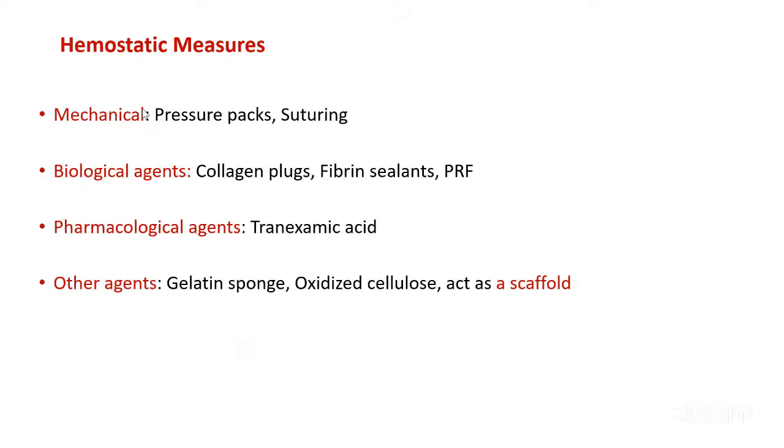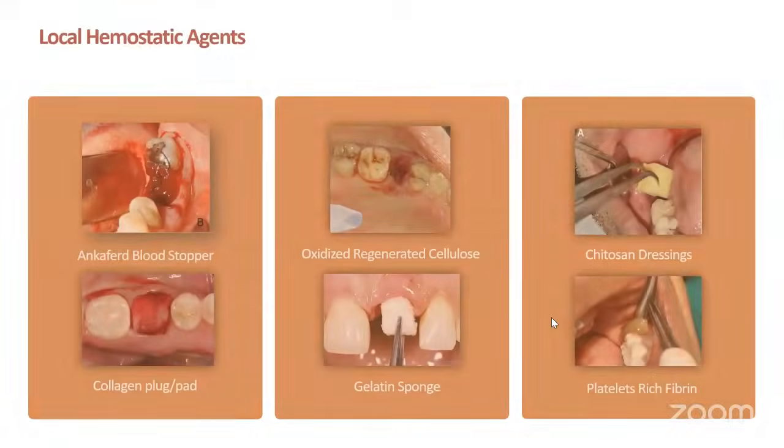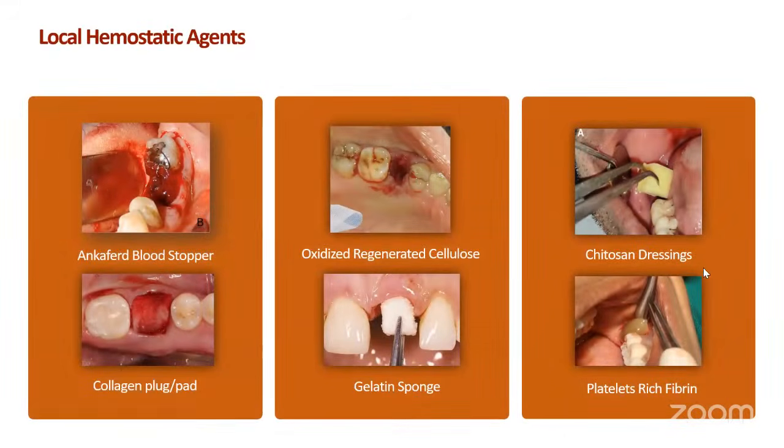The mechanical, such as pressure pack gauze, suturing; biological agents such as collagen plug, fibrin sealants, platelet fibrin; pharmacological agents which can be used systemically or locally such as tranexamic acid; and we have other agents such as gelatin sponge and oxidized cellulose, which act basically as a scaffold and have physical properties that enhance clot formation.